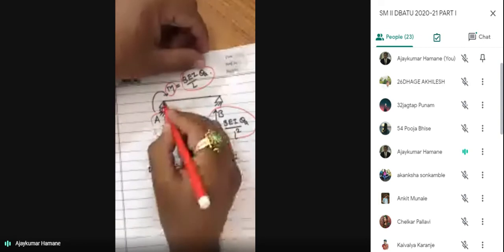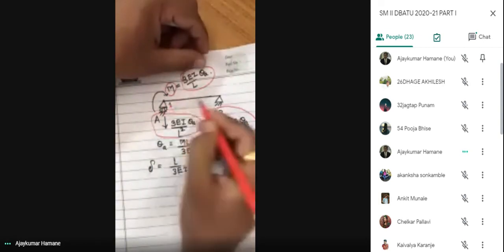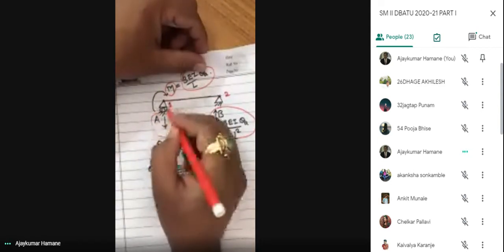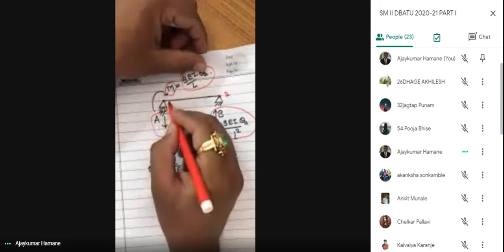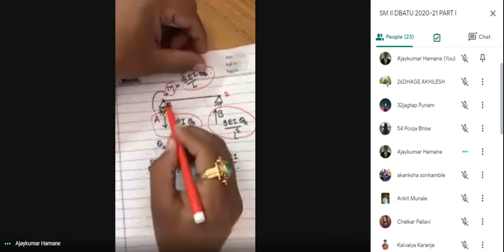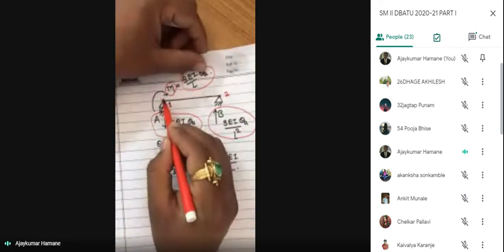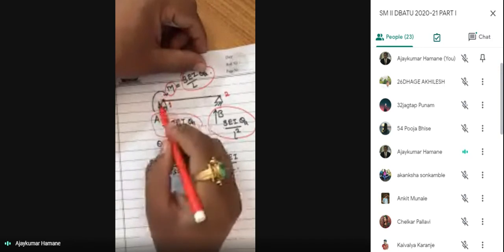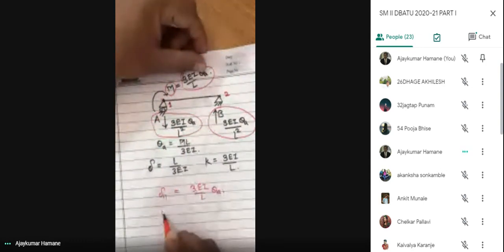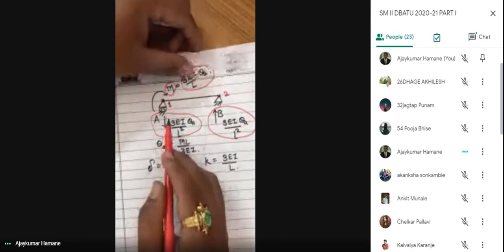Okay, so because we have coordinate 1, 2, where we applied the unit rotation, here. That means if you have the flexibility matrix, delta 1 1, that means at point 1 the rotation is 3EI by L into theta A. Delta 1 2, what is the meaning?